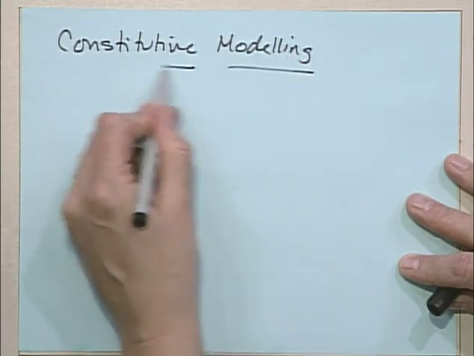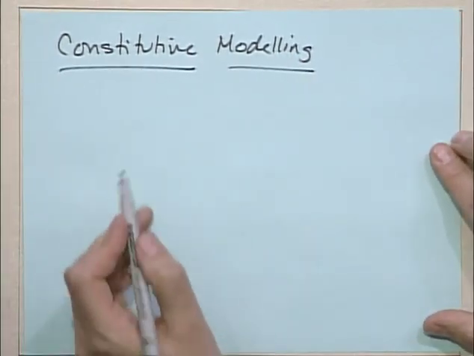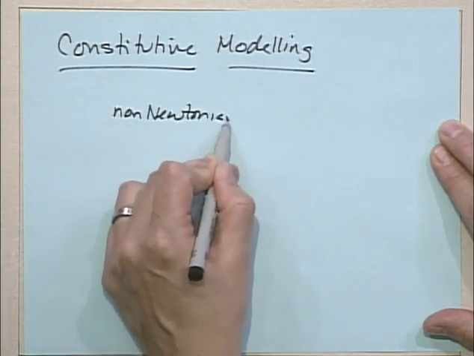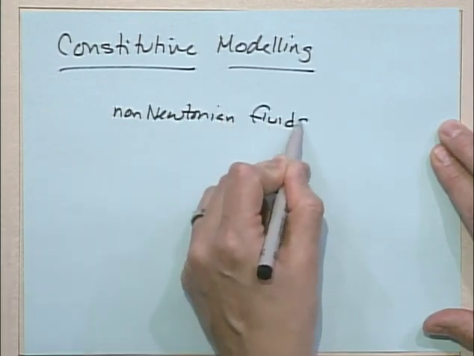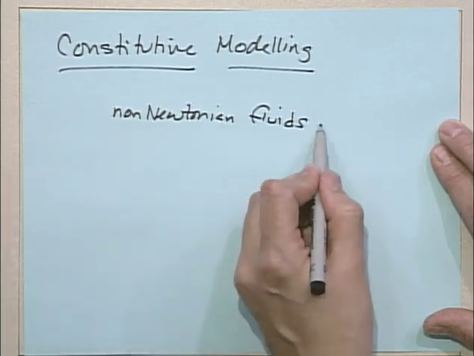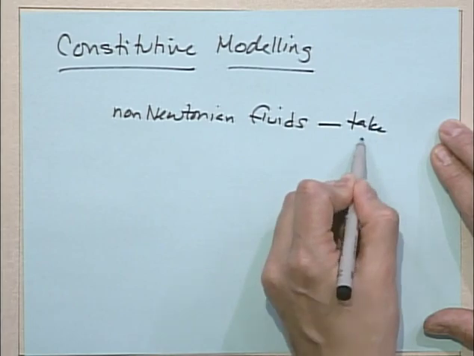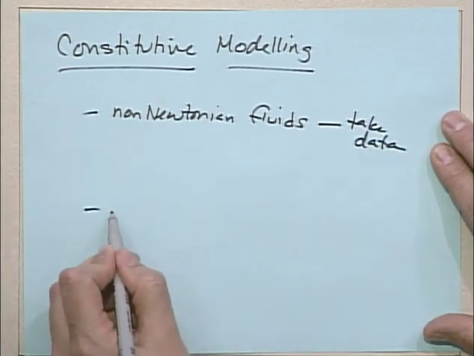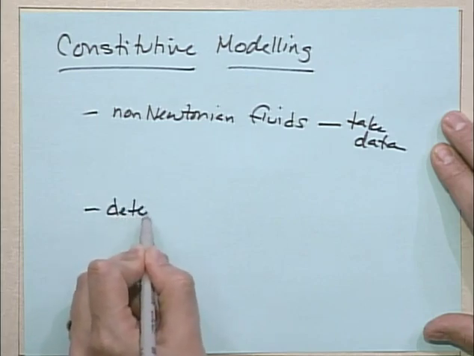So the bottom line is that we have non-Newtonian fluids. So that means on these materials we take data. And our goal is to determine the constitutive equation.